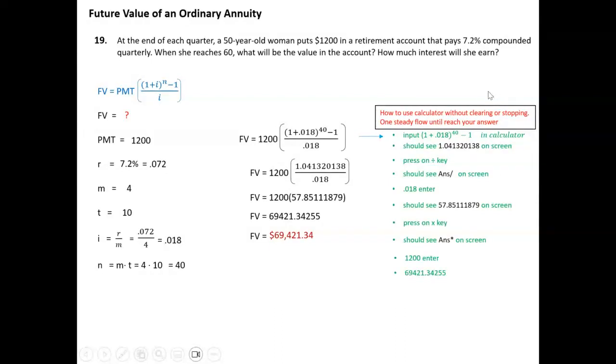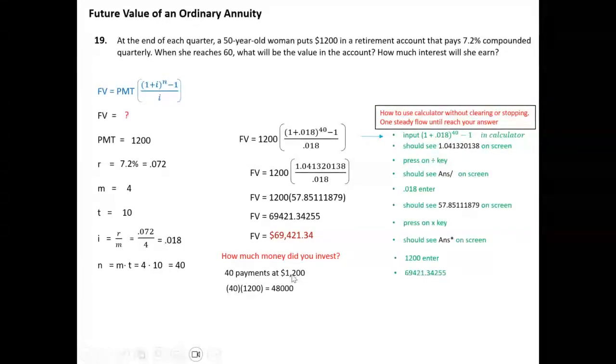Okay, now how much of it was interest? So how do we find that? How many payments did she make? She made 40 payments, right? She put in $1,200, 40 times. So we're going to multiply the 40, the number of payments, times the amount of the payment.